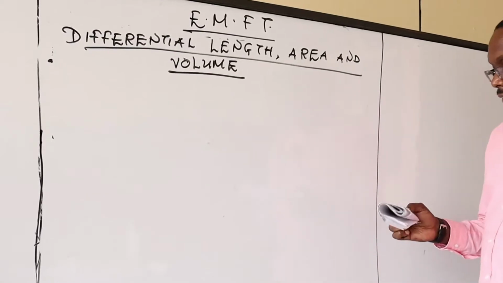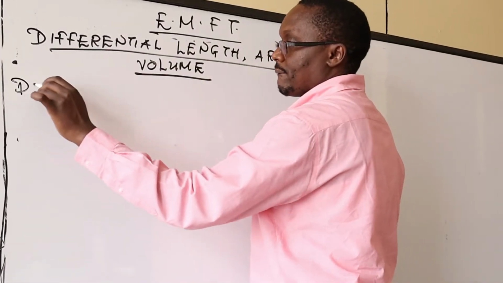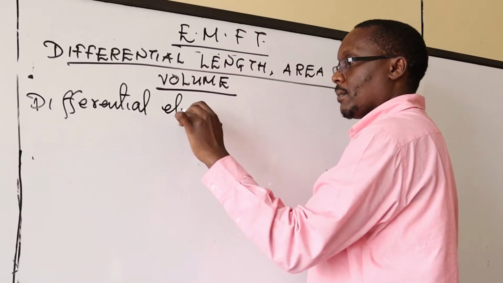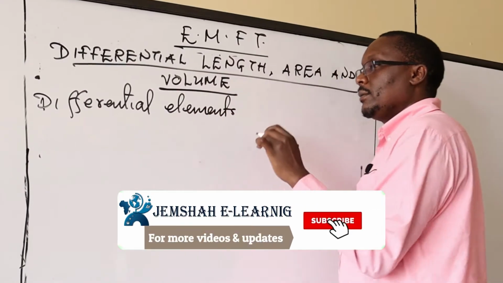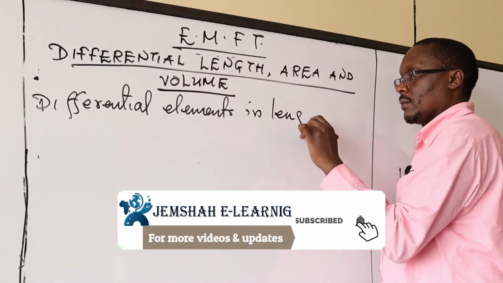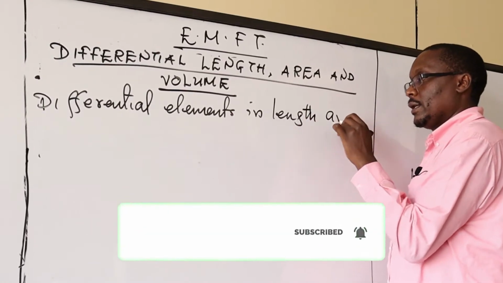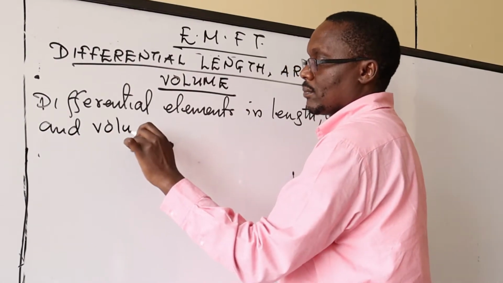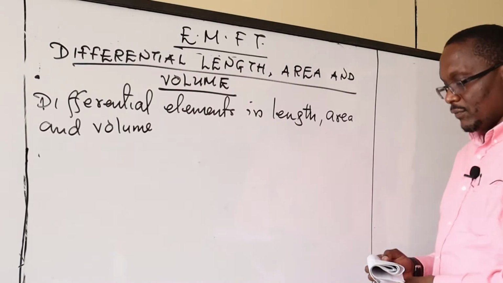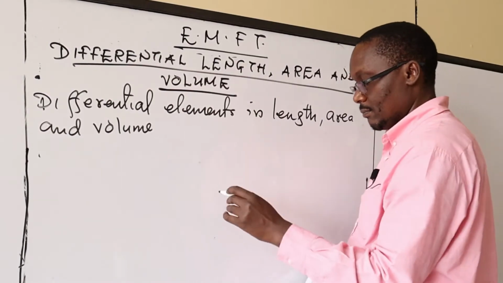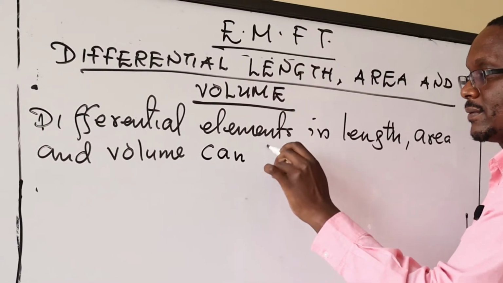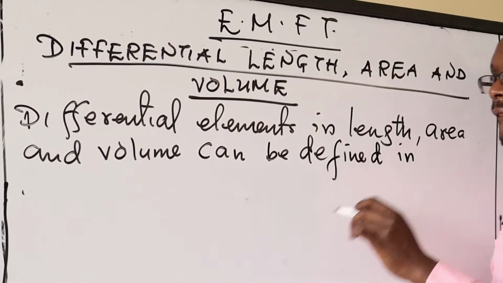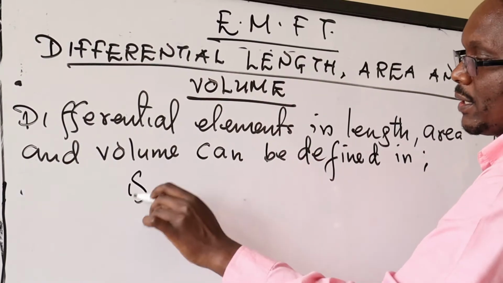So we can say that differential elements in length, area, and volume can be defined in one, Cartesian, two, cylindrical, and then finally, the third, spherical coordinate systems.